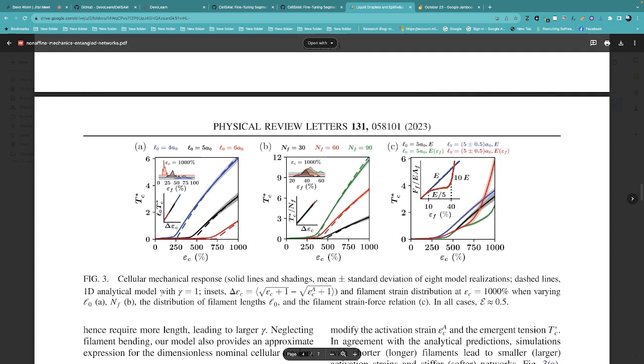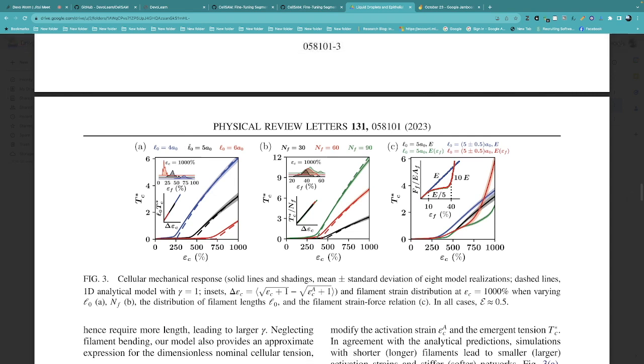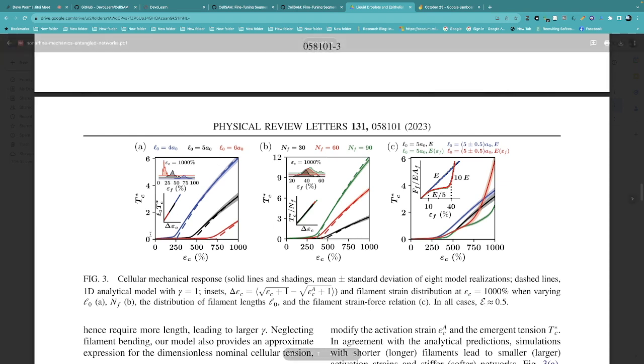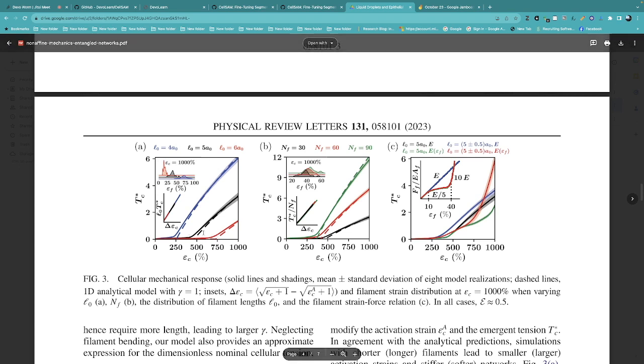They're looking at a 1D model and filament strain distribution. So this is when varying the different things that they're varying here, these numbers up here, LO for different, so they have 4, 5, and 6. And so they're kind of testing these different strain distributions and they're getting different results.